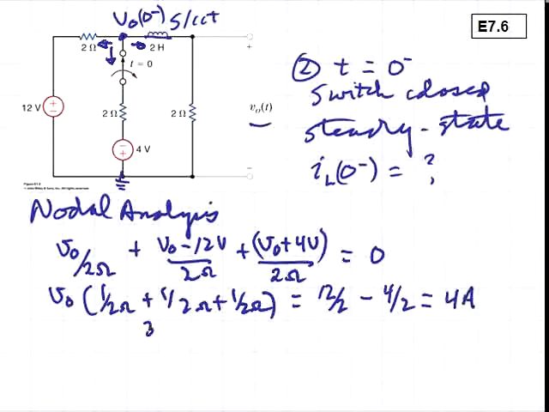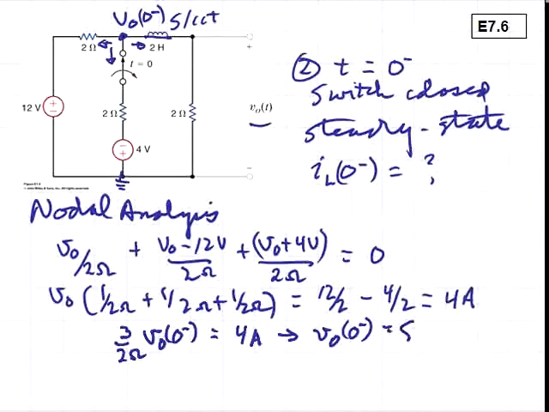So we have 3 over 2 ohms times VO at 0 minus is equal to 4 amperes, and this gives us that VO at 0 minus is equal to 8/3 volt.